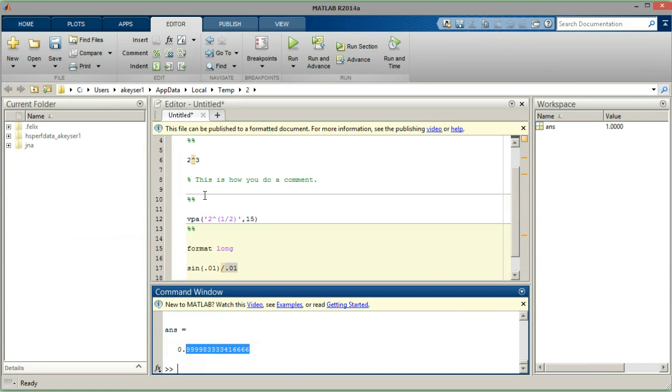So if you want to look at different problems, you can enter it separately. So problem 1, you put a double percent sign, problem 2, double percent sign, and so forth. For the actual comments, you have a single percent sign, and those allow you to explain different things that you're putting in that section. Okay, so that's really the arithmetic part, not too complicated. You just have to keep those words and those tools straight.